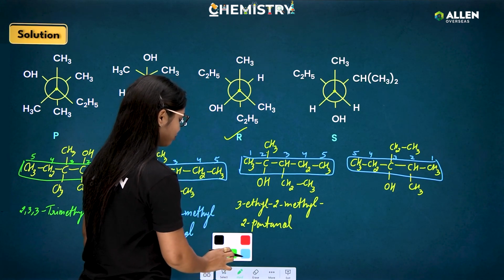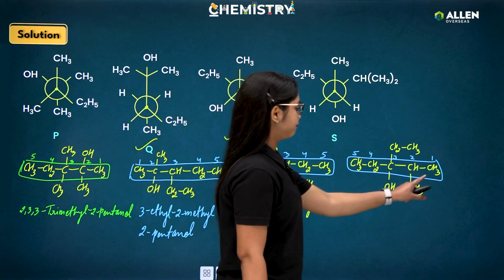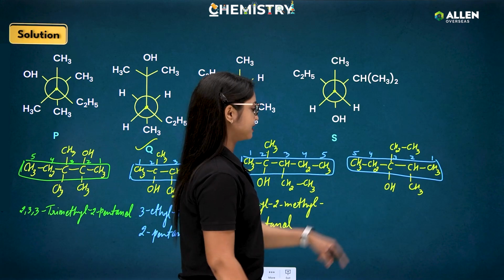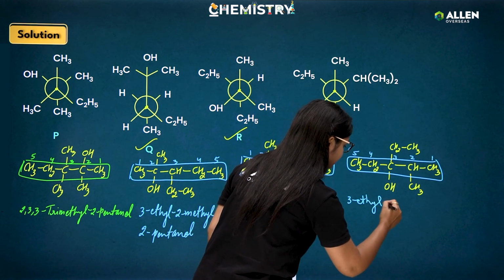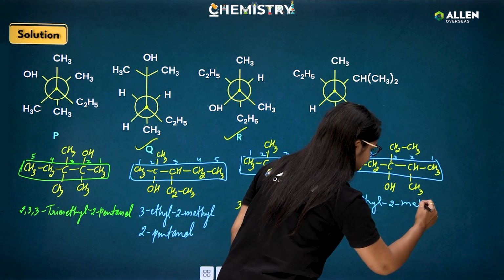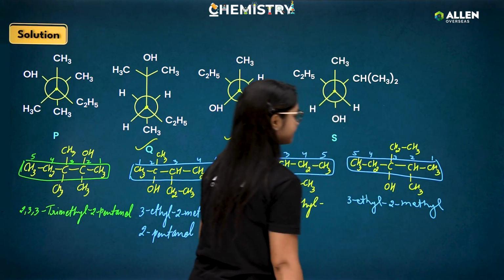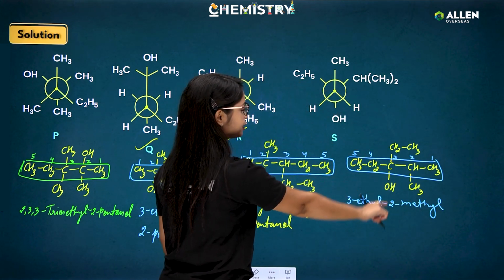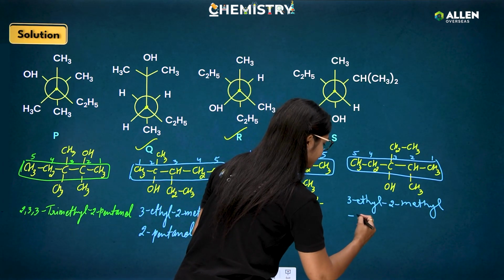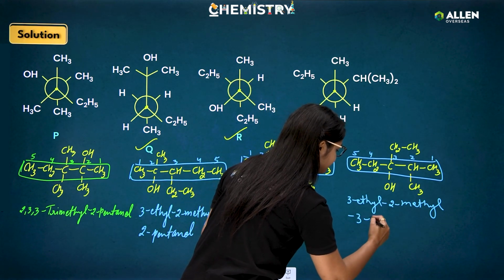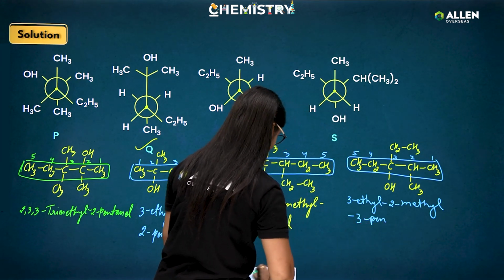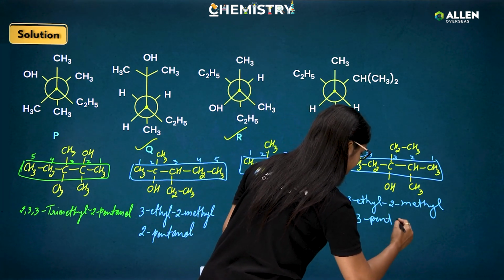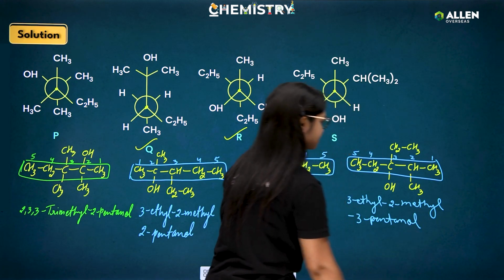So what will be the name of this compound if we write? We have 2-methyl and 3-ethyl. This is same. So 3-ethyl, 2-methyl, okay. But you have OH group at third carbon. So we can write 3-pentanol, okay.